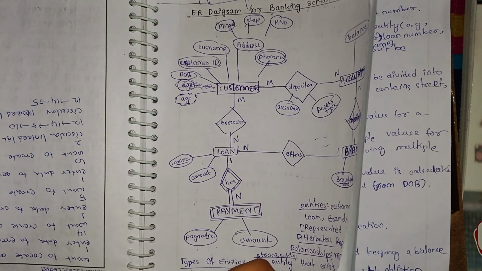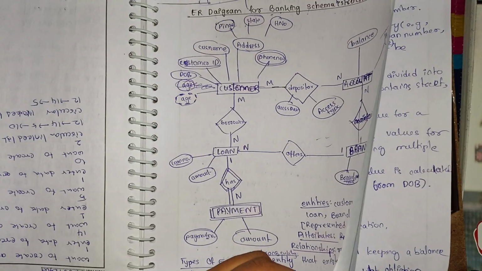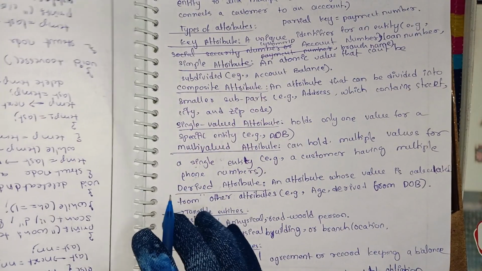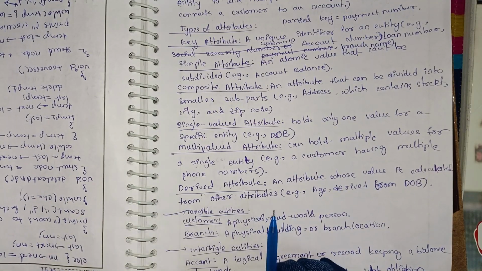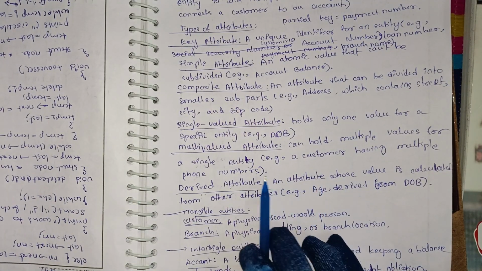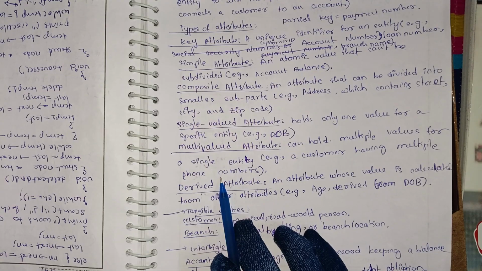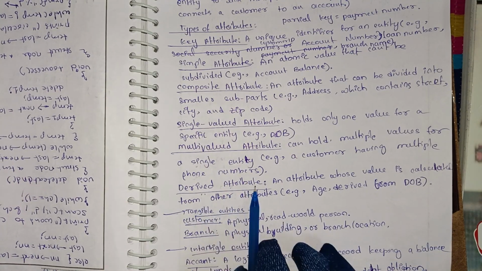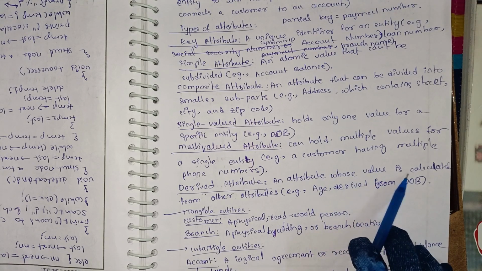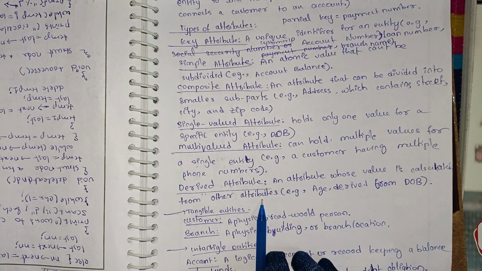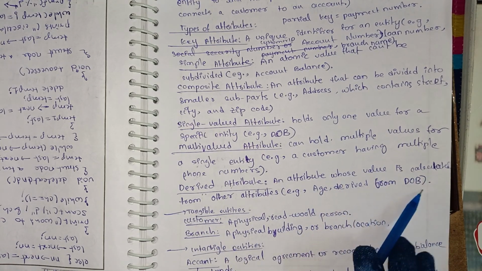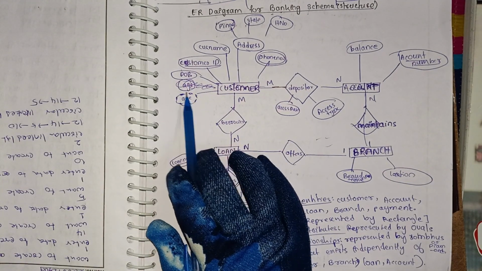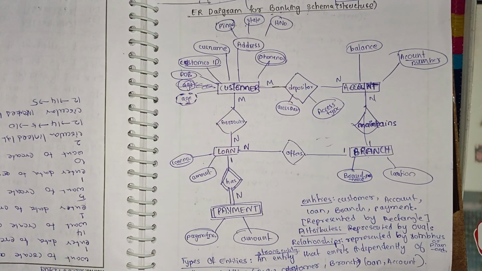It should be a double oval for a multi-valued attribute, meaning it has multiple phone numbers. Derived attributes, an attribute whose value is calculated from other attributes, for example age derived from date of birth. Here age is derived from date of birth, which is represented by a dotted oval.